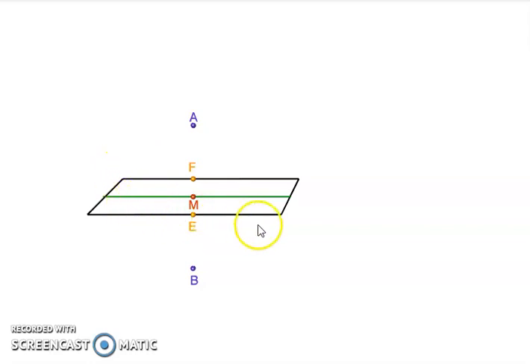We can say that this plane is the locus of points equidistant from 2 fixed points, point A and point B. It is the plane which goes through the midpoint here and is perpendicular to line AB. So that is how we draw or construct the locus of points equidistant from 2 fixed points in 3 dimension.